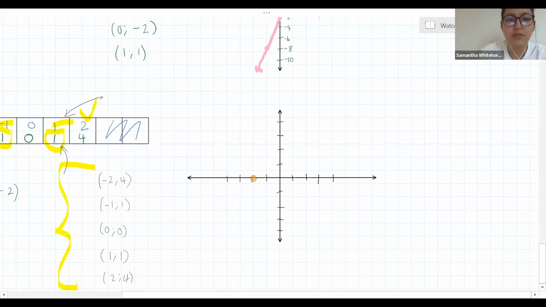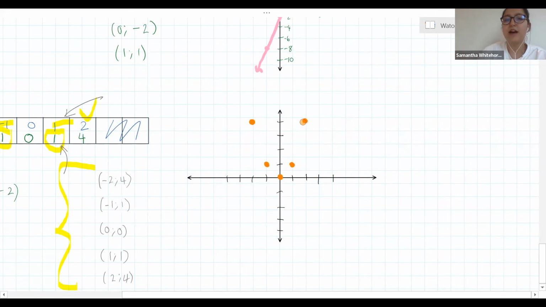So here's -2, I'm going up to 4, so there's my point. I've then got -1, 1, there's -1, there's 1, there's my point. I've got 0, 0. That's all fine and well, but now look what happens. I go to 1, 1. I go to 2, 4.